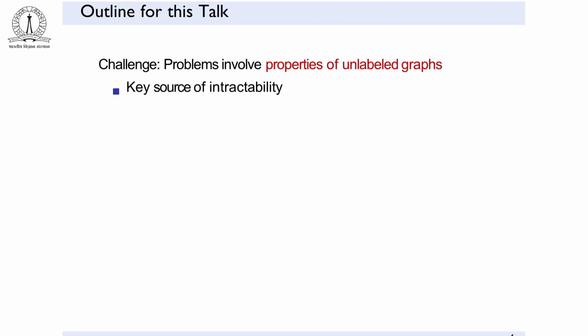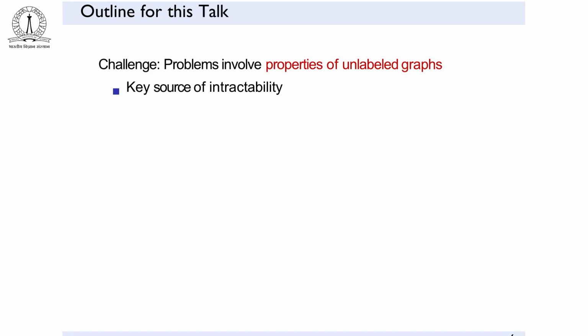So what's difficult about these problems? What's difficult is that the kinds of graph properties that we wish to reason about involve properties of unlabeled graphs, meaning that when I want to figure out whether this copy of a small graph is inside a big graph, if I relabel the vertices of the small graph, the underlying question doesn't change. It's invariant with respect to that relabeling.